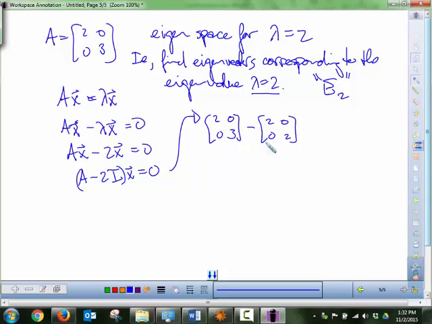This is 2 times the identity, right? Times x, y, the x vector that we're looking for, is equal to 0, 0. So my new matrix here is going to be 0, 0, 0, and 3 minus 2 is 1.